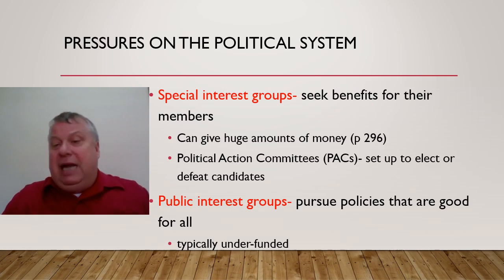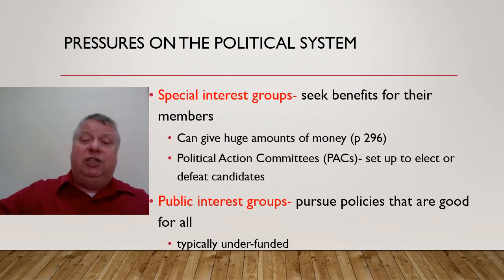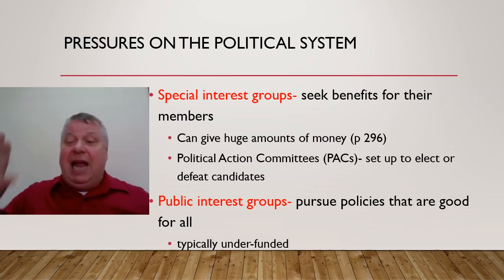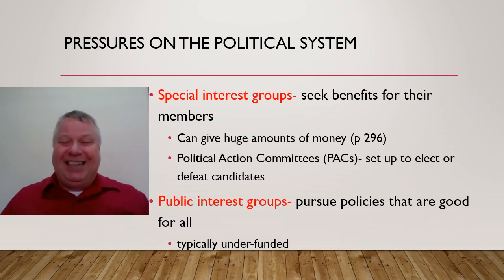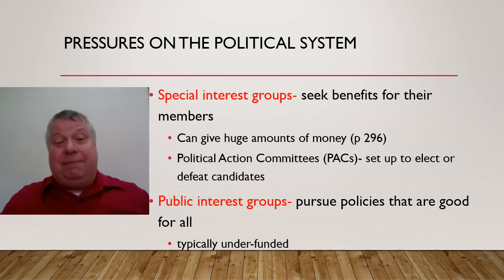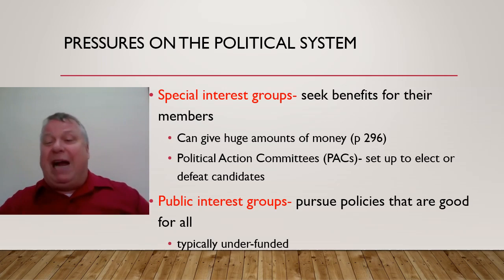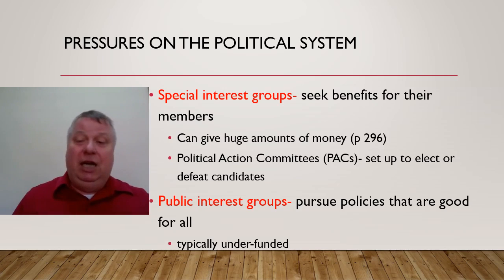And now you have Citizens United, which is a special law by Supreme Court saying that corporations have to be treated like any other citizen, like a corporation is a citizen, right? And therefore they have the right to spend as much money as they like, and nobody gets to regulate how much money they spend. So that's a big issue, because these corporations have a lot of money and they have a direct interest in what happens.